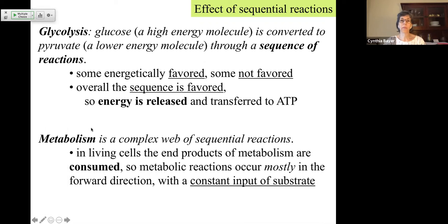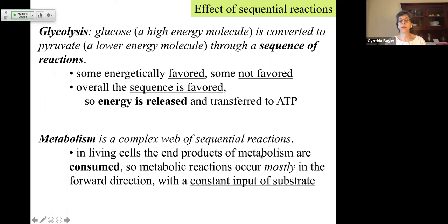And that's really what our metabolism is, this web of sequential reactions. Living cells are able to allow these different reactions to keep moving forward, even if some individual steps are unfavored, as long as the end products of metabolism are either released from the cell, like carbon dioxide is released from the cell, or the end products are consumed, that they are fed into another reaction.